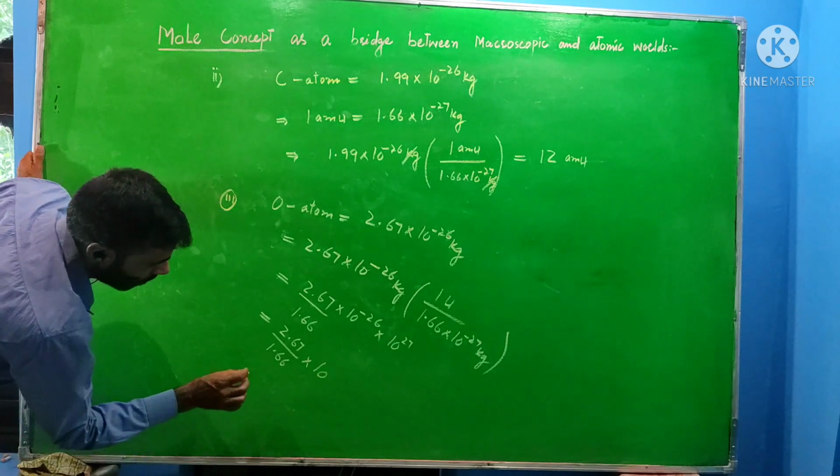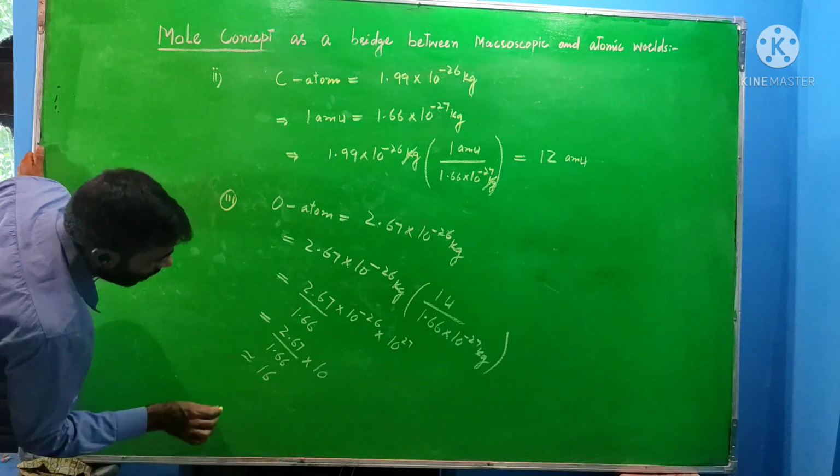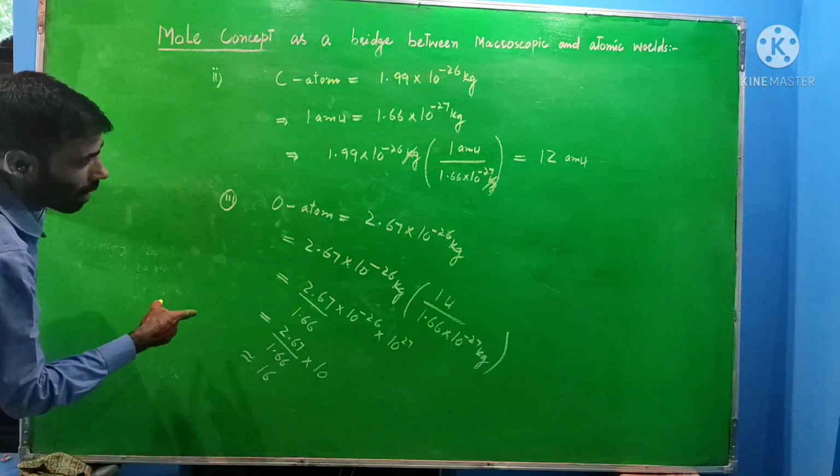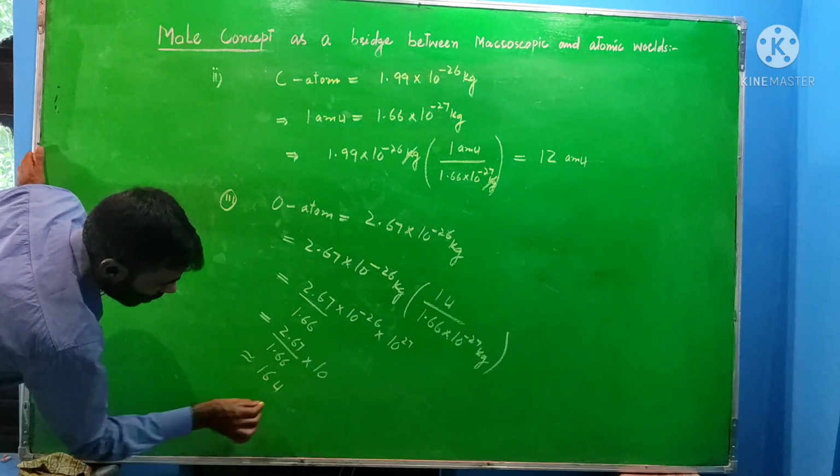That is nearly equal to 16. So the atomic mass of the oxygen atom is 16 U.